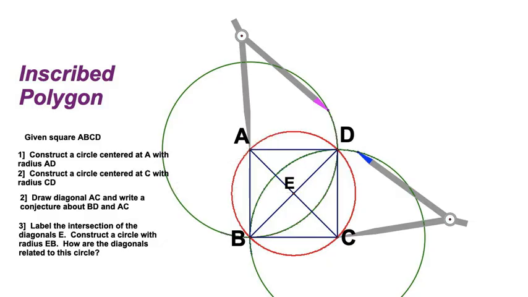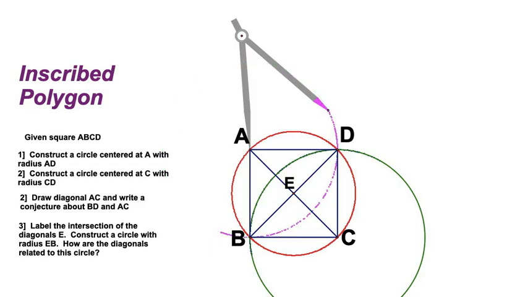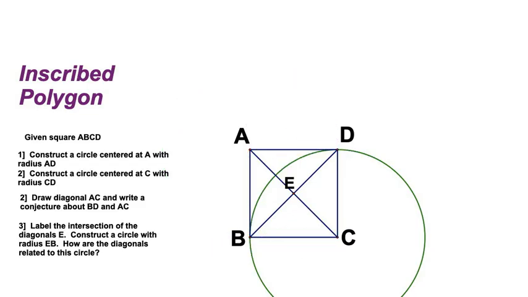Now let me clean this up a little bit. I'm going to get rid of some of this stuff, and again, clean that up and hide that circle. The fact is, we could have just drawn the diagonals. That part about the perpendicular bisector was just so you could see that. But honestly, if you're starting with a known square, the diagonals are going to intersect like this. The diagonals are going to be perpendicular and they're going to be congruent. And that means that E is equidistant from the four vertices.